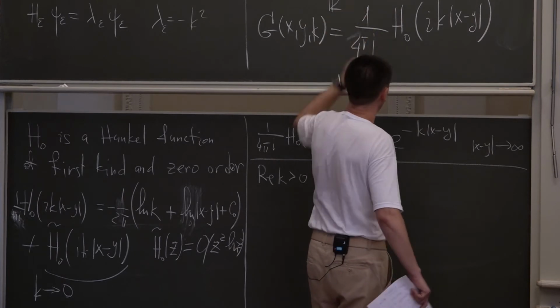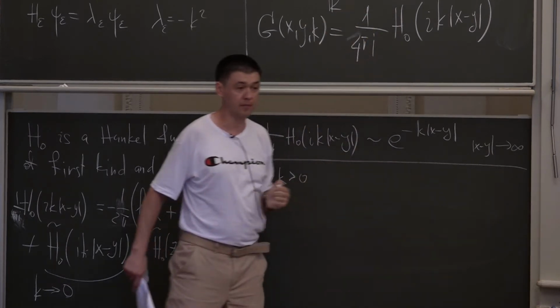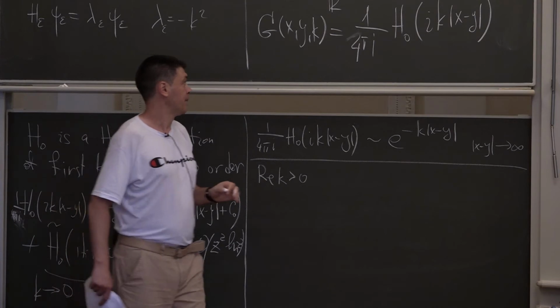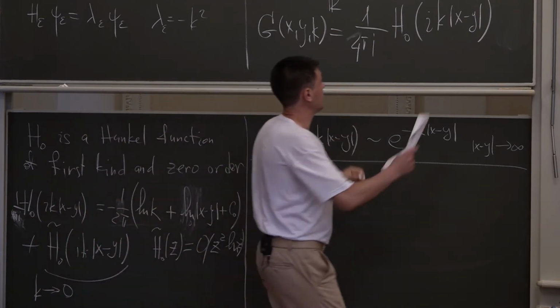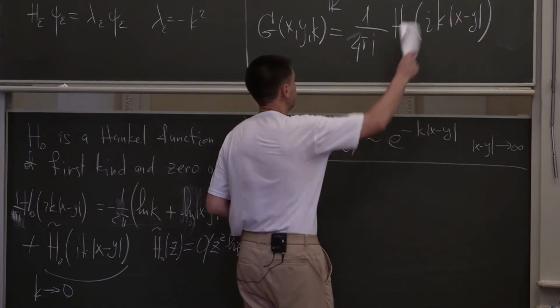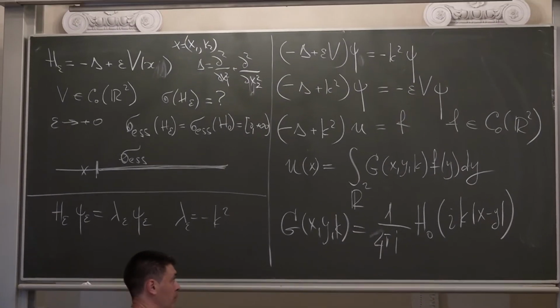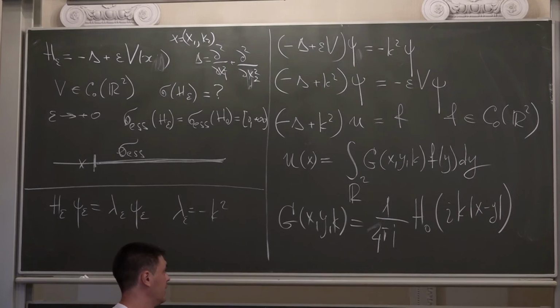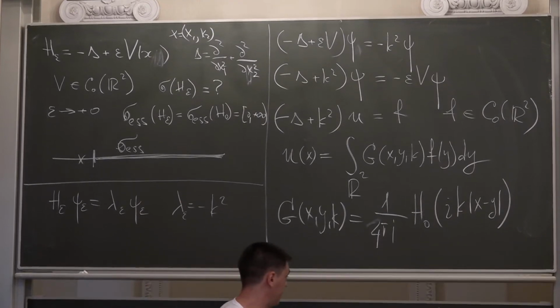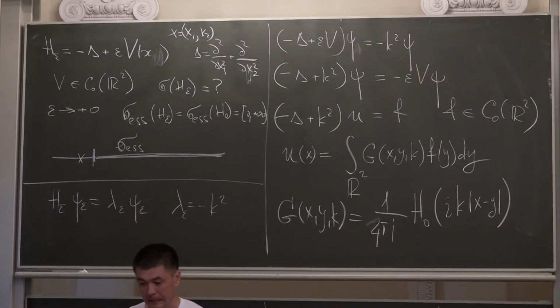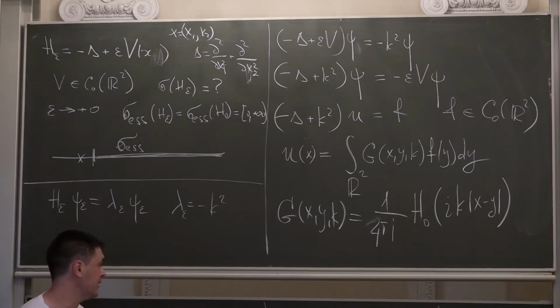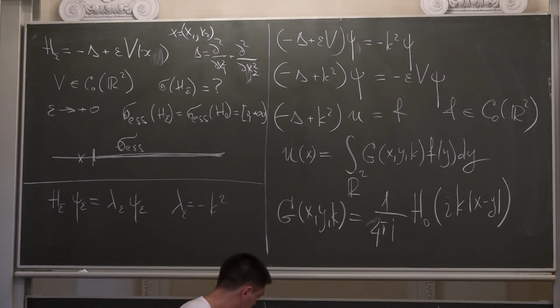And the main point is that when f is of compact support, then we can continue this formula for complex k. So once we say that f is of compact support, this formula actually works for all complex k, and for some k the solution decays exponentially at infinity, and this is for such k.